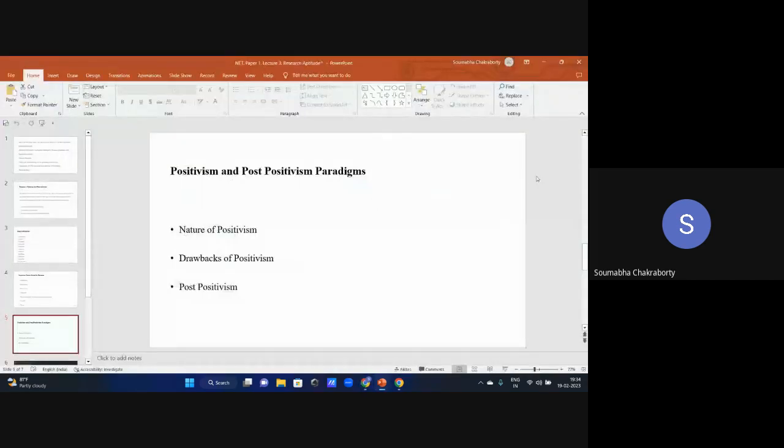Now, there are certain drawbacks of positivism. Number one, positivism depends on experience as a legitimate source of knowledge and information. Number two, a wide range of procedures can be seen as a specific variety of activities of people or connections between people.